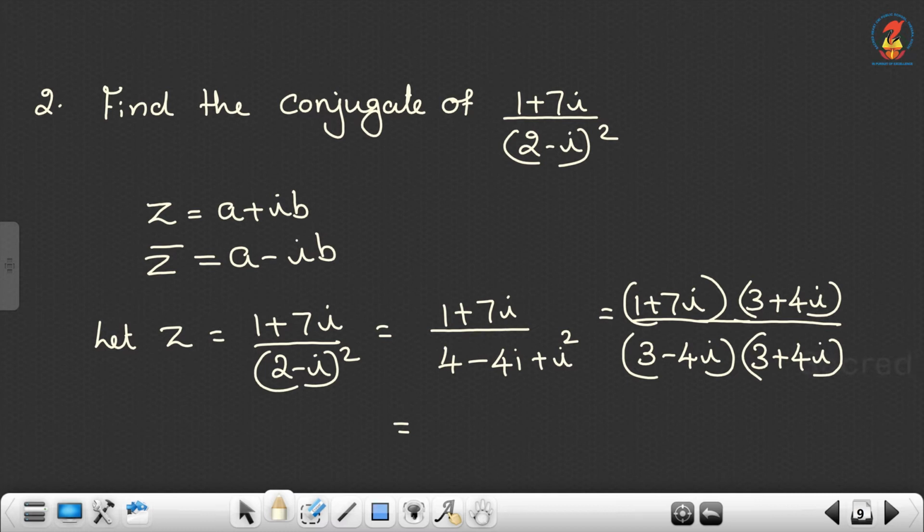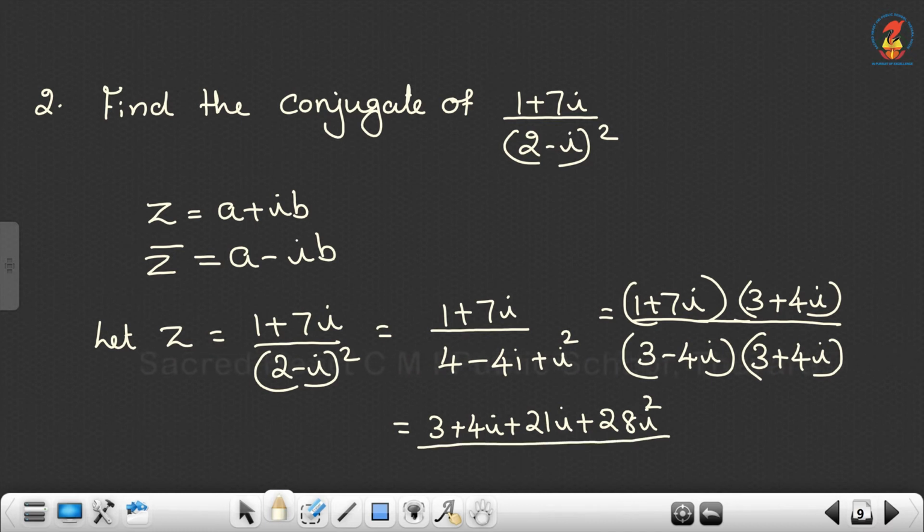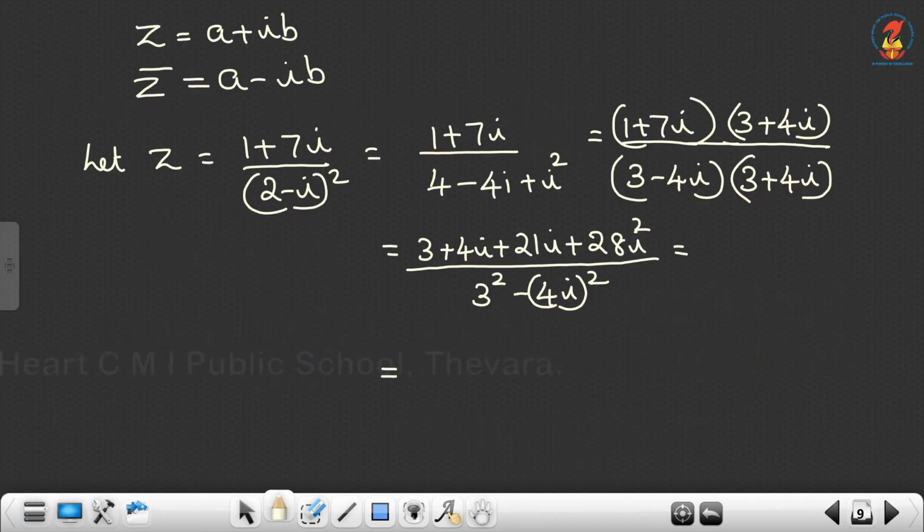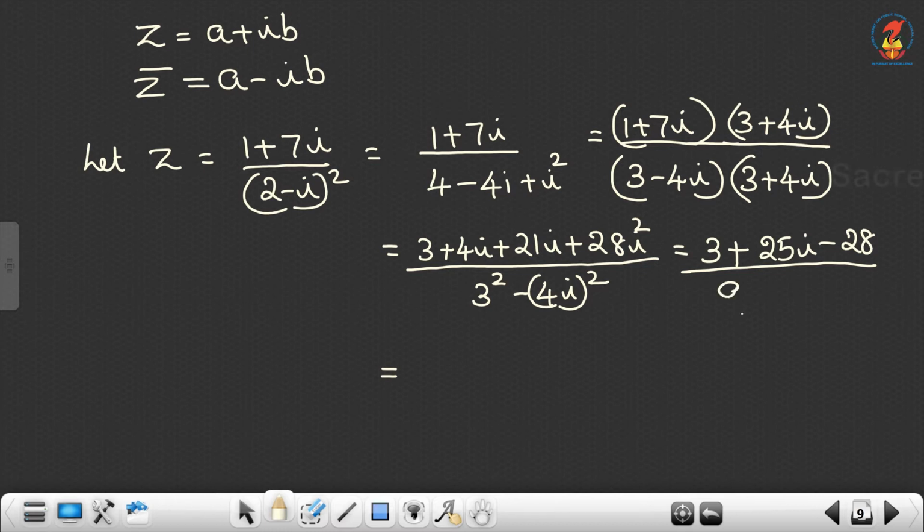Now multiply: 1 into 3 is 3, plus 4i, plus 21i, plus 28i². The denominator is always in the form a² - b², so 3² - (4i)². 28i² is minus 28, so that is 3 plus, these two we can add, 4i and 21i become 25i, then minus 28, and denominator 9 - 16i².